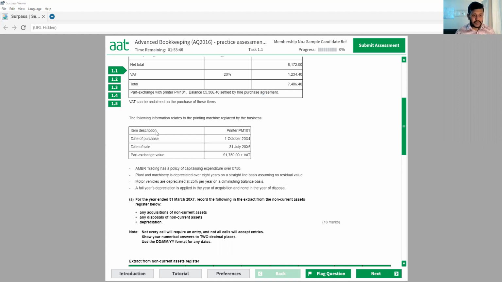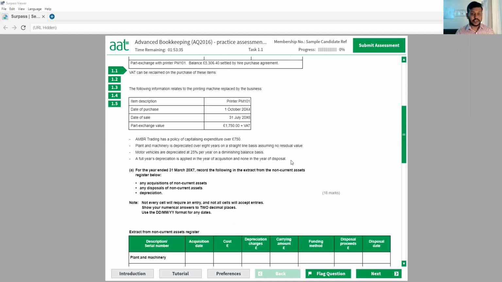Then the next information: the following information relates to the printing machine replaced by the business. So we are selling something here. This is the part exchange, which is a kind of selling. For example, you give your old machine to get a new one because you need a replacement, and the supplier who takes the old one gives some value for it.